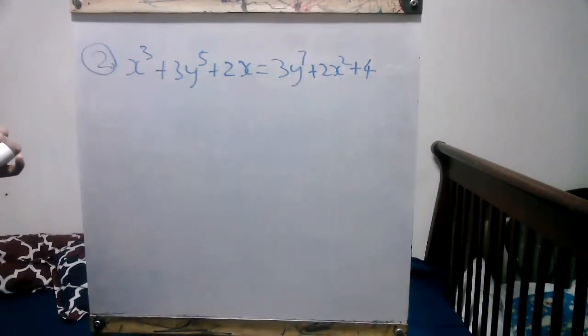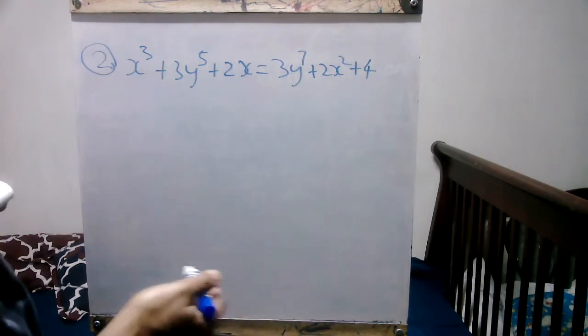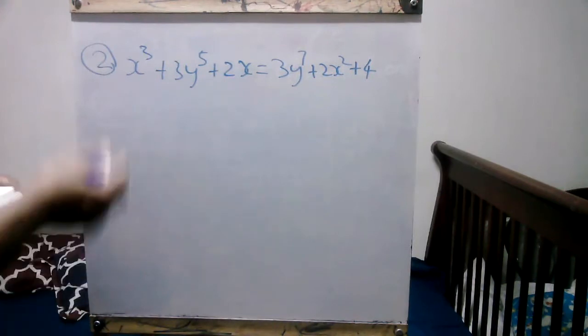Given this equation, determine the equation of the tangent line to the curve defined by this equation at the point (2, 1). You understand the question?